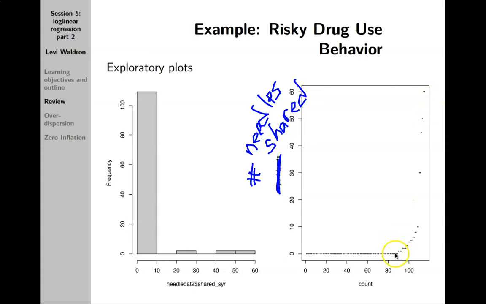We see that there's about 120 participants in the study, and about 90 of those are 0. And then you see that there are 2 participants here that shared a needle 60 times, and there are a few above 30 times. So you see this very skewed distribution at another look at it here.